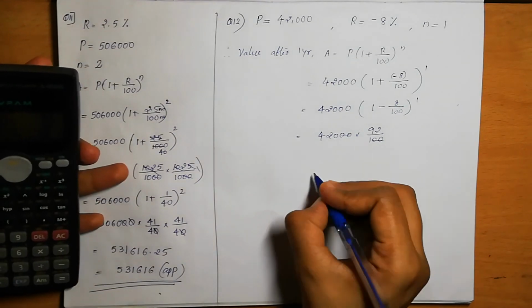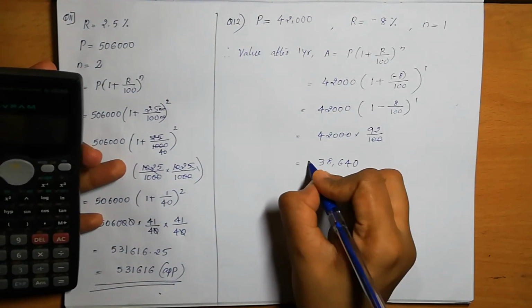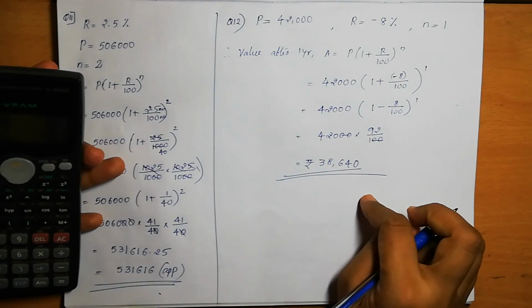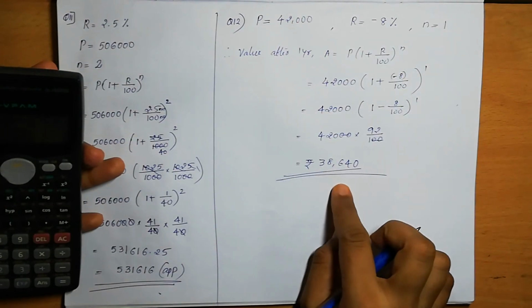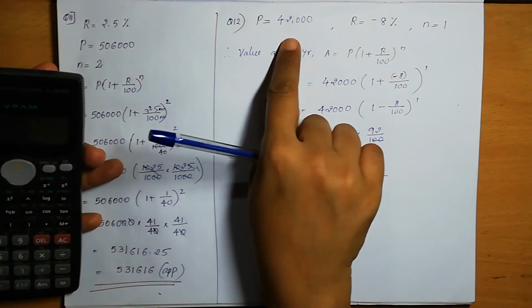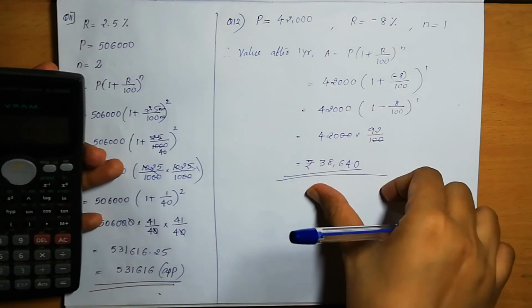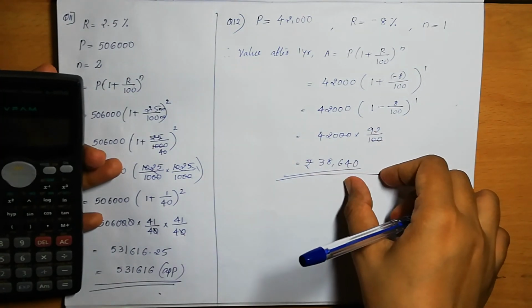That is equal to 38,640 rupees. So the value of the scooter after 1 year is equal to 38,640. This is less than the actual value, right? The scooter was bought at 42,000. Now the value is 38,640. Why? Because the depreciation happened, right? So the value of the scooter after 1 year is this much we can write. Answer.